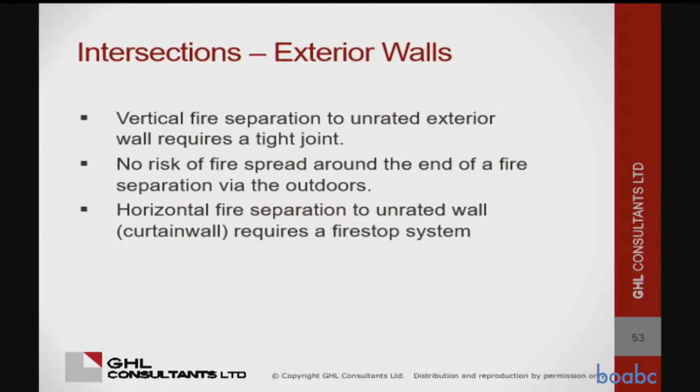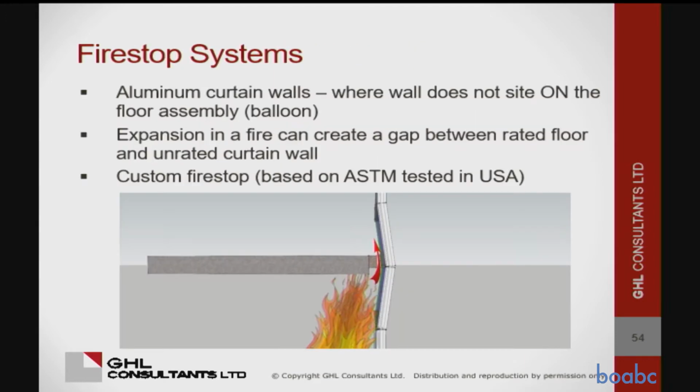The one case where we run into that kind of an intersection with a floor, because typically the wall sits on the floor, but if you have a high-rise with a glass curtain wall, and they tend to be aluminum and glass, which is not good, that joint becomes an issue because there's no Canadian tested fire stop system for that particular joint.